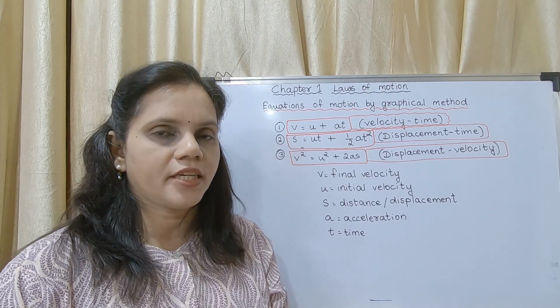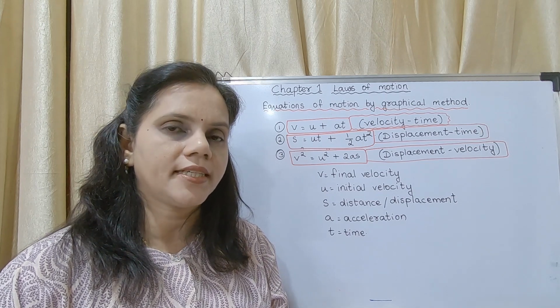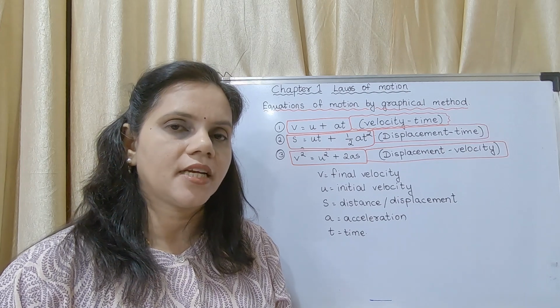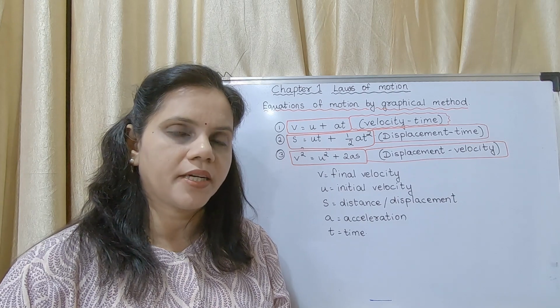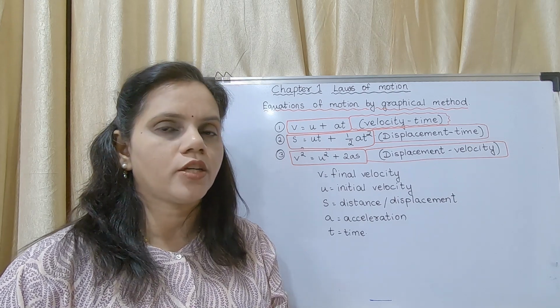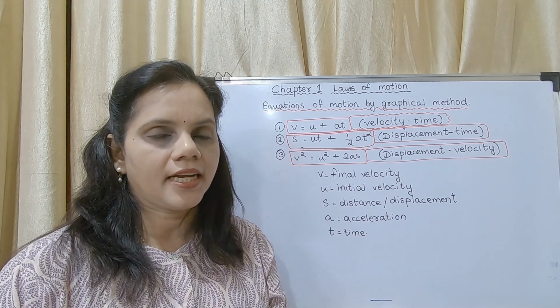The first equation is a velocity time relationship, the second is a displacement time relationship, and the third is a displacement velocity relationship.